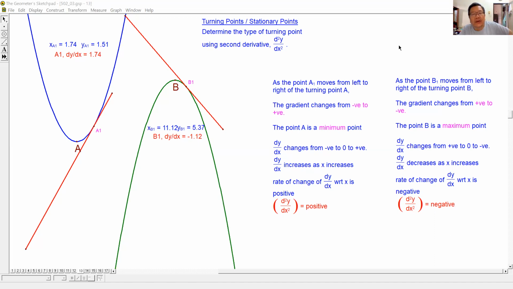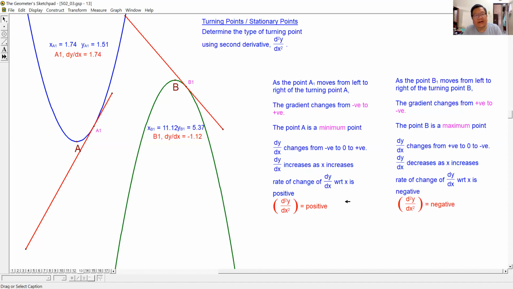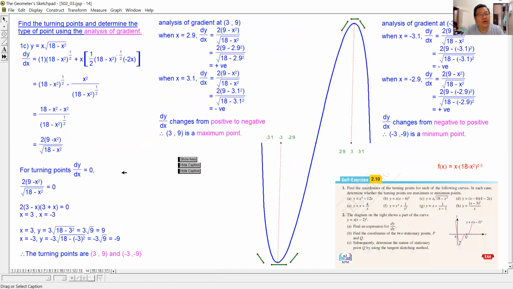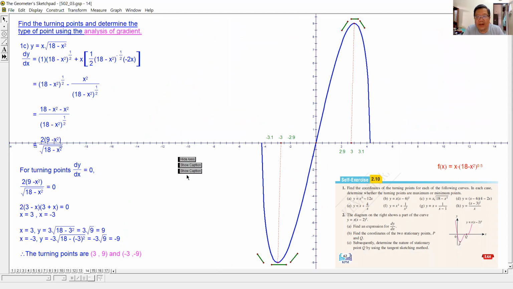Very good. So how many ways of determining the type of turning point? Two ways. One, using the analysis of gradient, and the next one using the second derivative. In the next lesson, I'm going to show you how to use the analysis of gradient to find out the type of turning point.